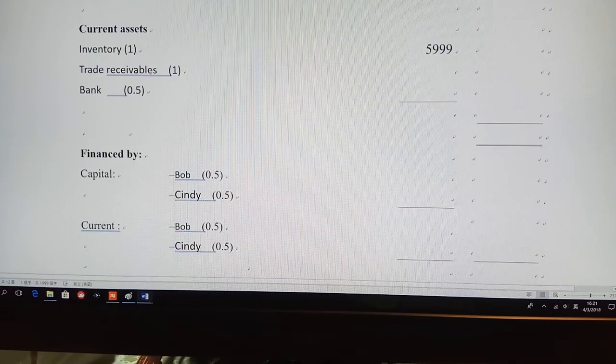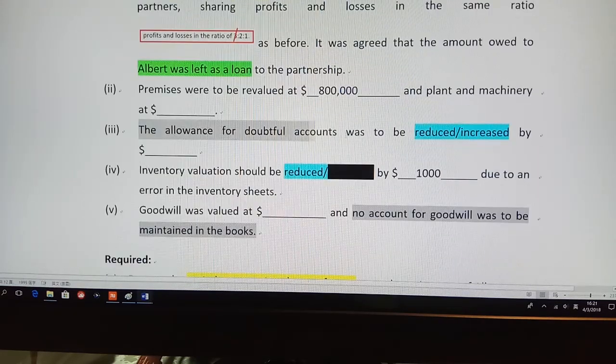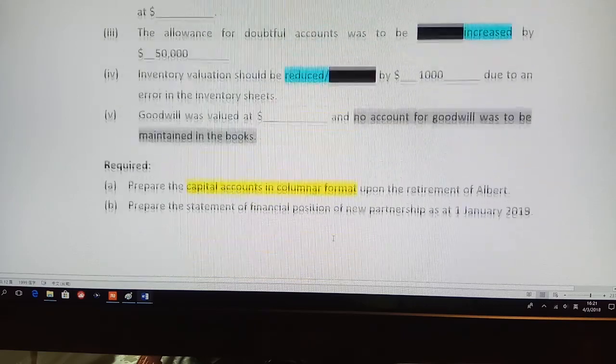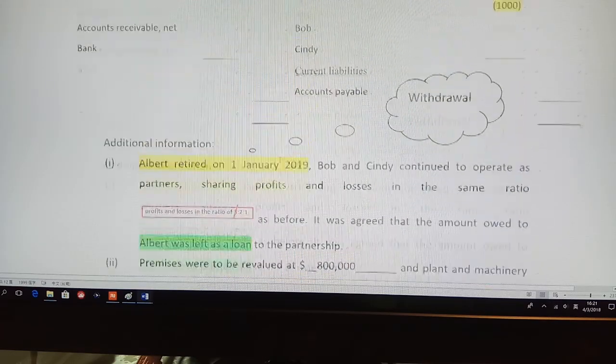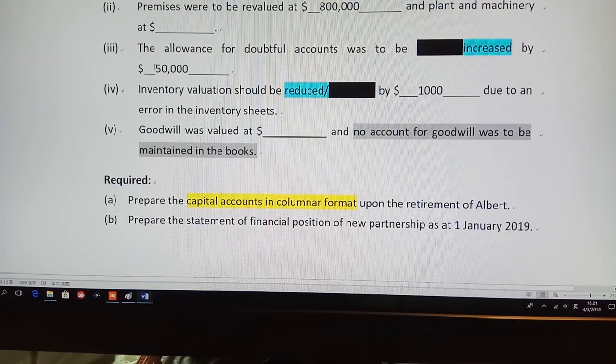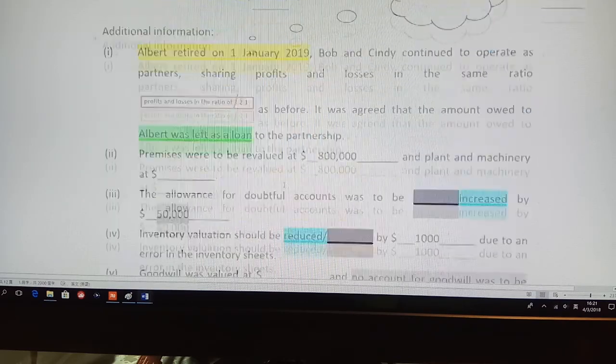So trade receivables. Look at this. The allowance. Reduce or increase, say for example, increase by 50,000, and the trade receivables net value is, say for example again, 6 million.